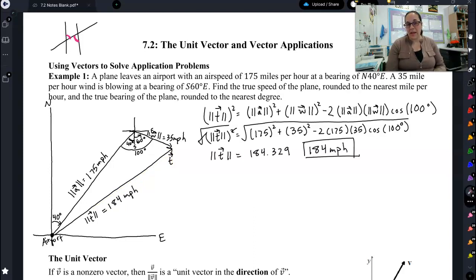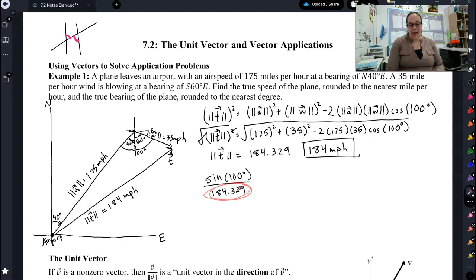Now the last thing I need is the true bearing, which means I need this angle, because I can do 40 degrees plus that little angle, and that will give me my true bearing to where the plane is actually headed, the direction the plane is actually headed. So if I need to find this angle, I now have a complete pair, which means I can now use the law of sines. So I can do sine of 100 degrees over 184.329.